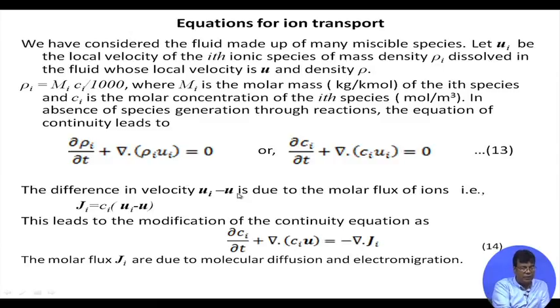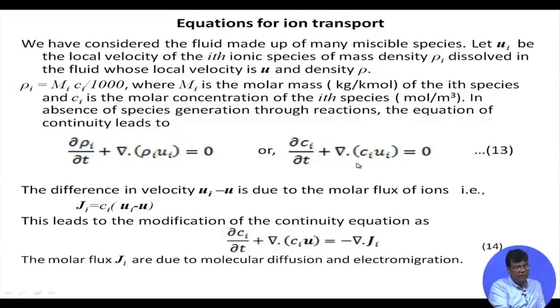Now, we need to see what are the mechanisms by which we have a difference. We know the equation of continuity for the fluid is divergence of u is 0. So, if I apply it over here, we get a relation.